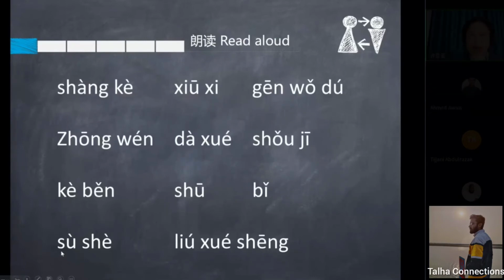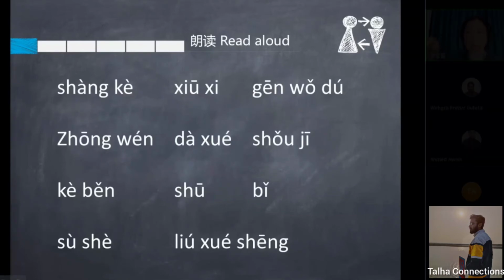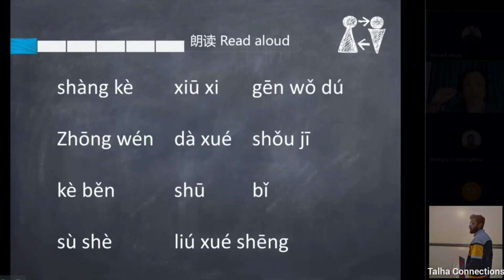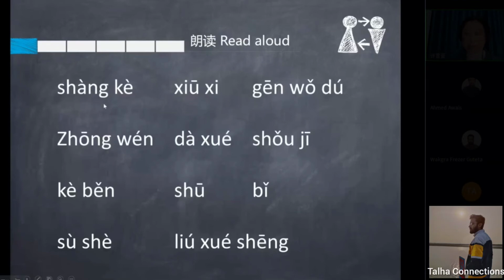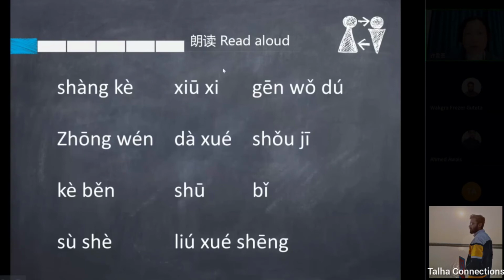Okay, next one. 宿舍. 宿舍 is the dorm room, dormitory.